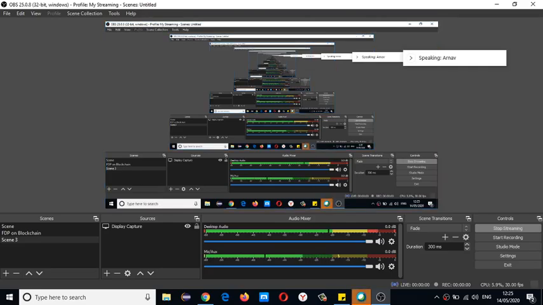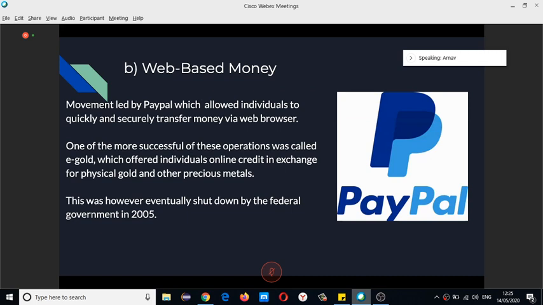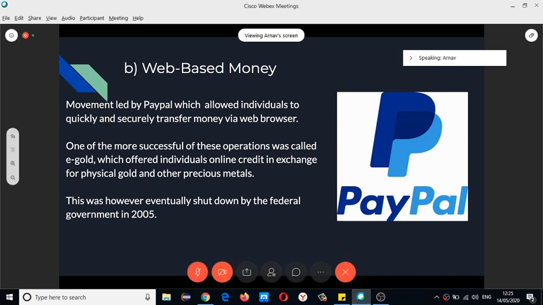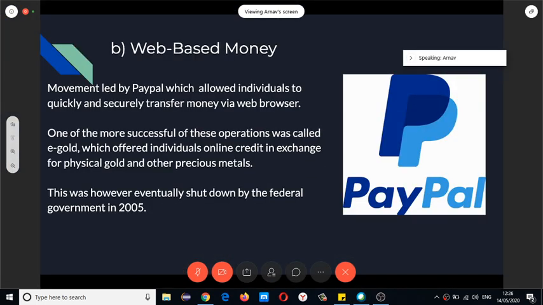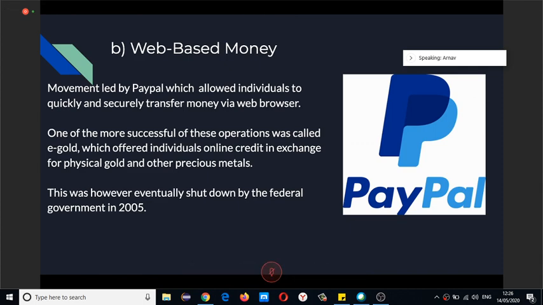And we had DigiCash, then we had PayPal. Even the PayPal team, which now is working on various things. We have Elon Musk, who was one of the co-founders of PayPal. Then Peter Thiel was one of the co-founders of PayPal. They were also thinking of creating their own bank, creating their own e-money, and they had launched this e-gold operation as well.